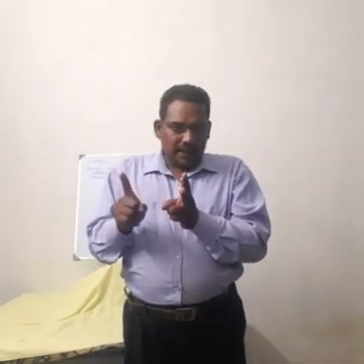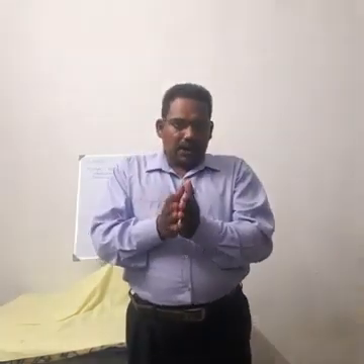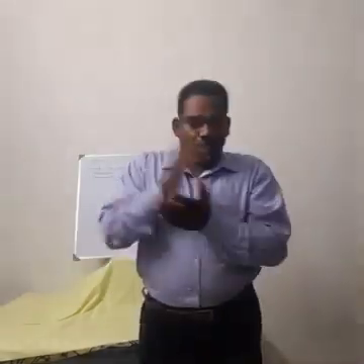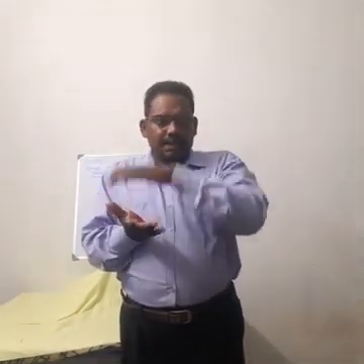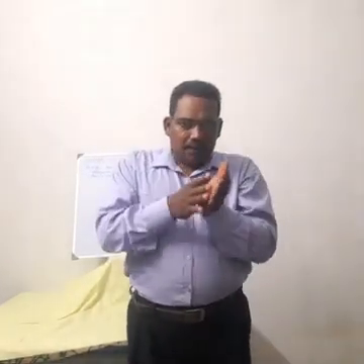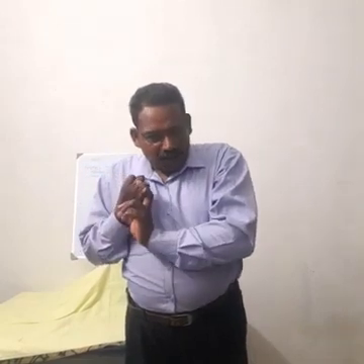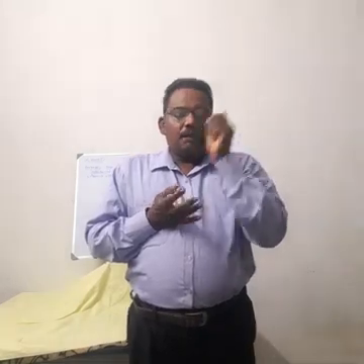What are the two conditions? Mass is converted into number of moles and number of moles may be converted into mass. This is the one condition. Number of moles is converted into volume and volume is also converted into number of moles. First step is divide, second step is multiply. Whenever mass is converted into number of moles, you divide by its molar mass.